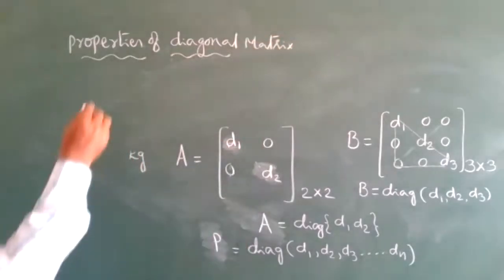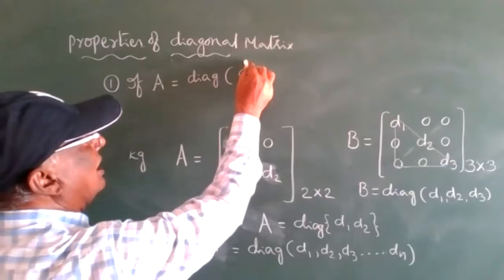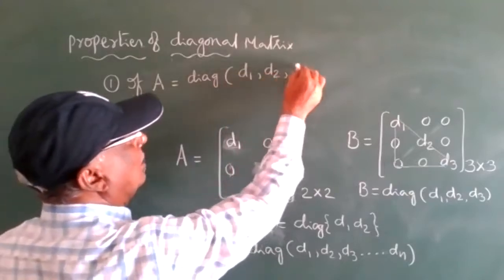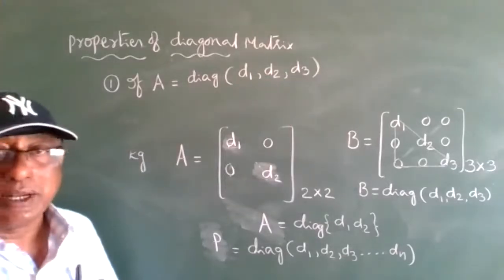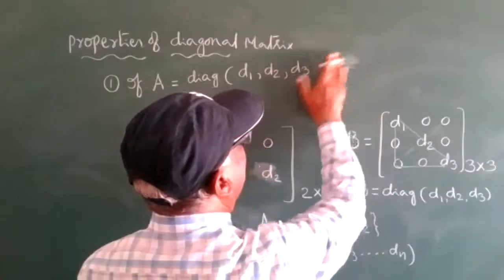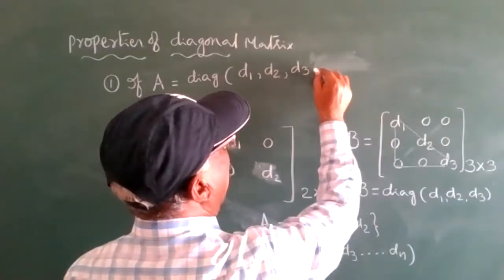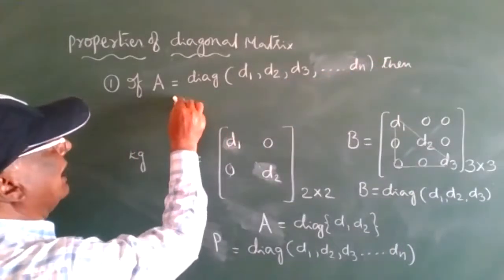The first property: if A is the diagonal matrix diag of elements D1, D2, D3, up to Dn, meaning n diagonal elements and an n by n matrix, then A power n means every element to the power n.